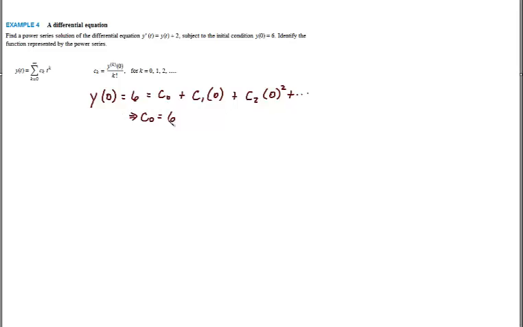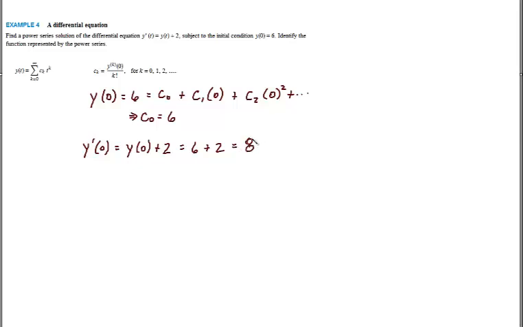Now we need to get the rest of these constants, and so let's look at y prime of 0 and note that it is equal to y of 0 plus 2. So I know y of 0 is 6 plus 2, so this would be 8.